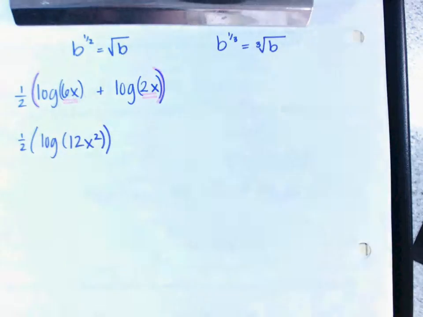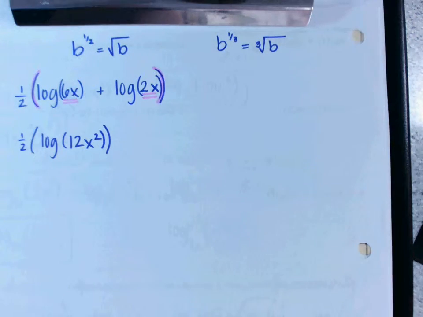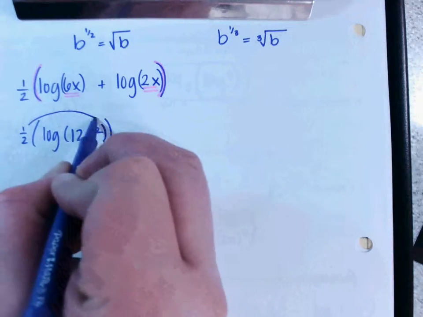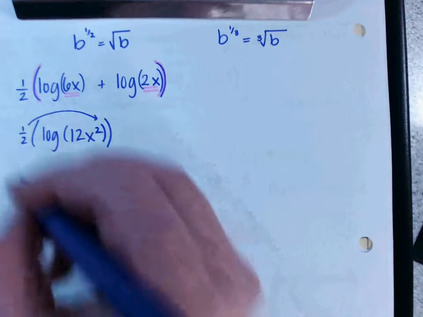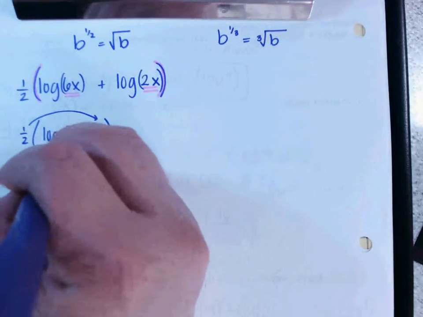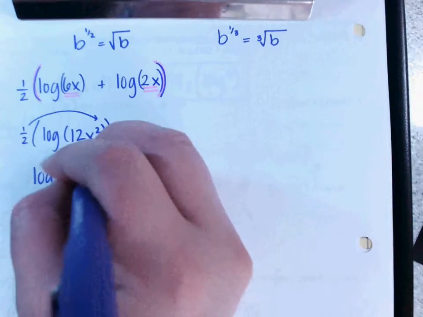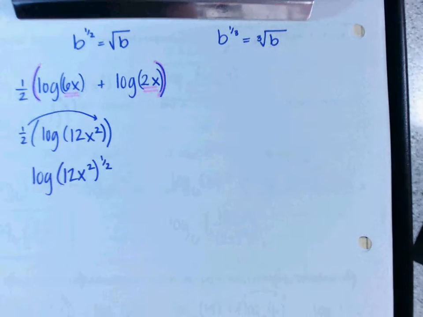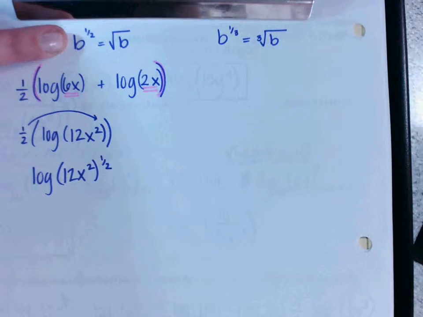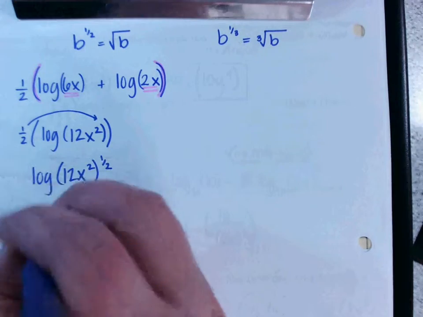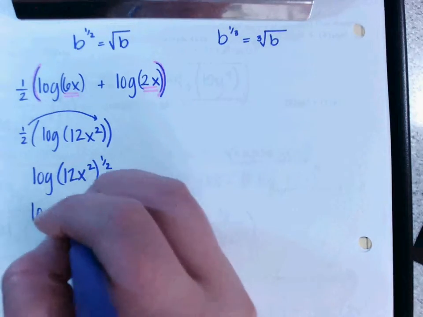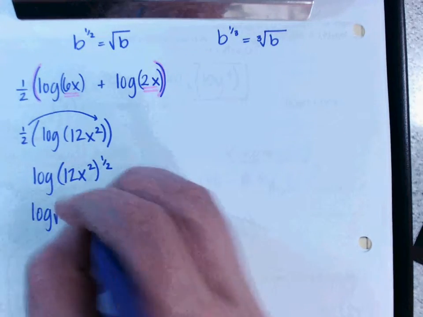Okay, then from there, my 1/2, since it's in the front, it's going to move up as an exponent to be right here, which means that now I have log of 12x squared to the 1/2. Okay, but then remember, what is a 1/2 power the same as? A square root. So that would really be log base, actually the base was never listed, and then square root.